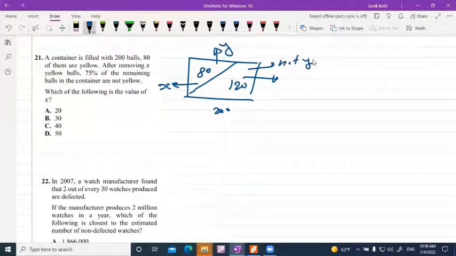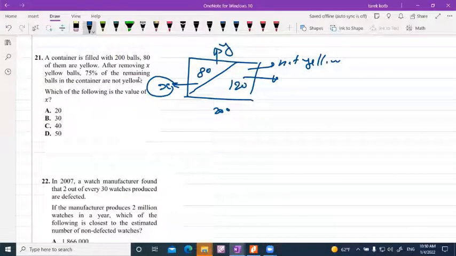If you remove X from the 80, after removing X yellow balls, 75% of the remaining balls in the container are not yellow. 75% are not yellow means 25% are yellow.